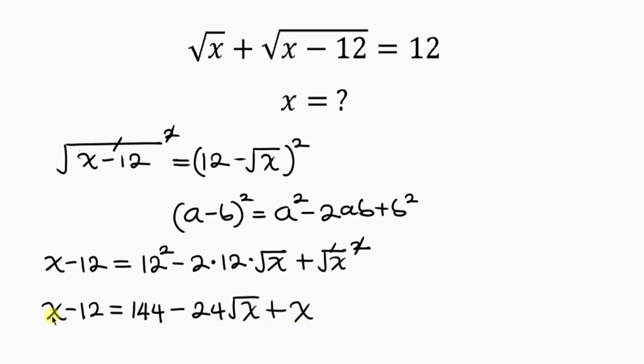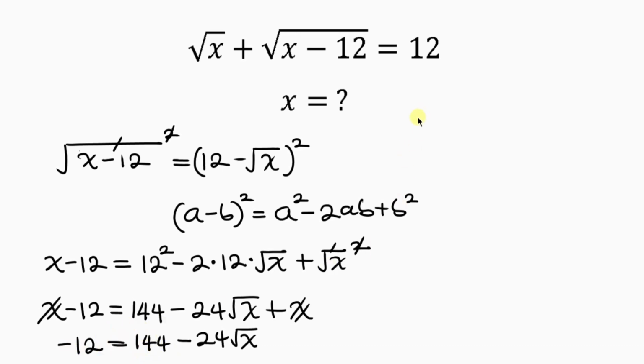Now notice that we have x on the left and we also have x on the right. So this x can go with this x, leaving behind negative 12 equal to 144 minus 24 root x. Now our next step will be for us to move 144 to the left-hand side.